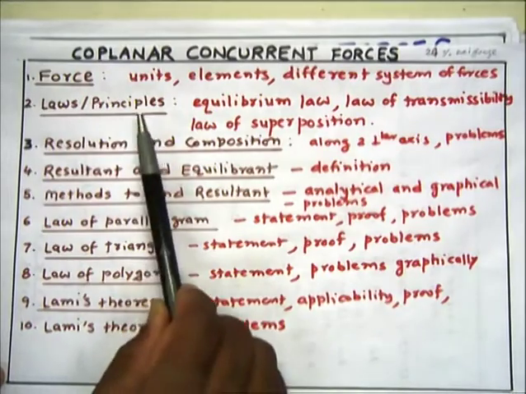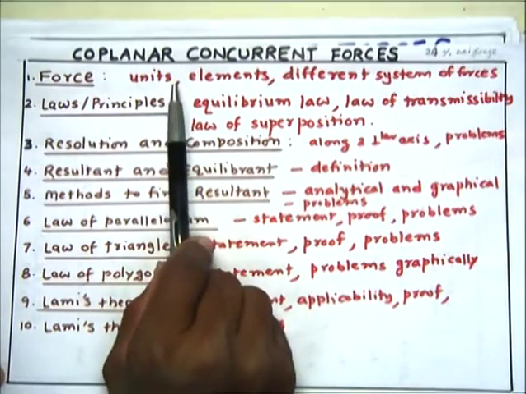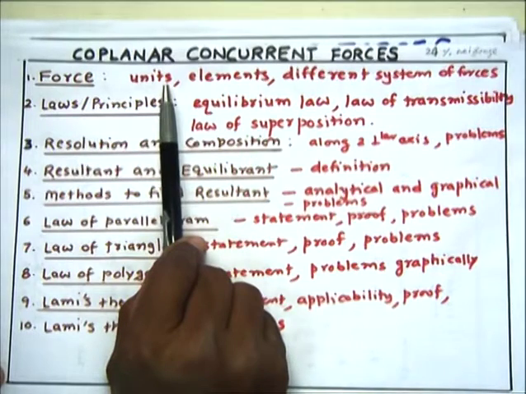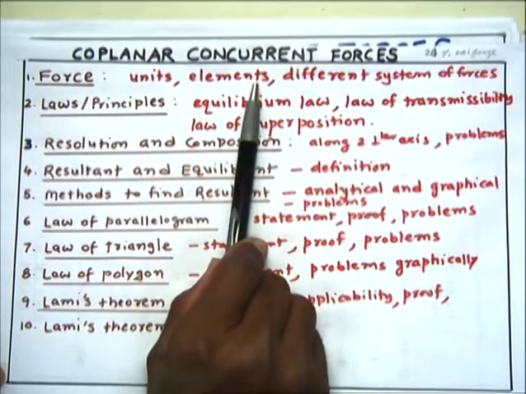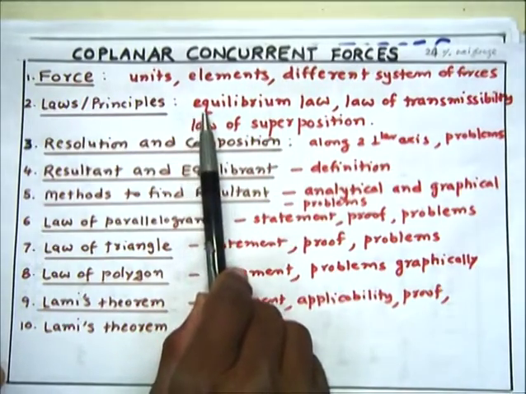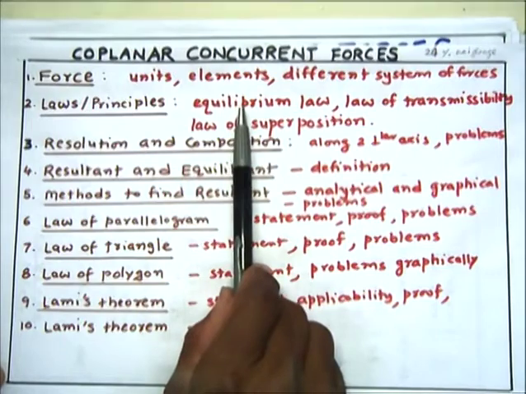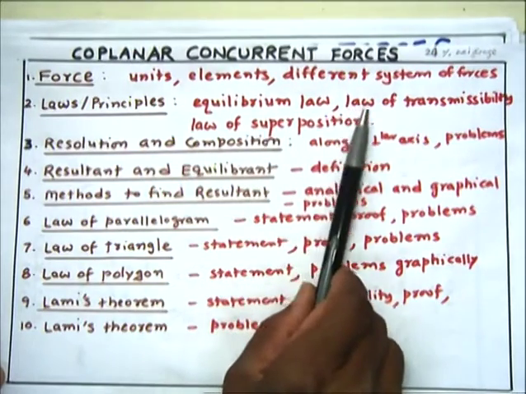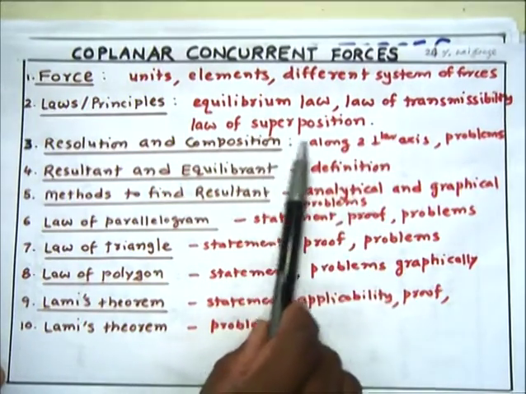In the force lecture I discussed what is force, what are the units of force and elements of force, different systems of forces, laws and principles, that is the equilibrium law, law of transmissibility, law of superposition.